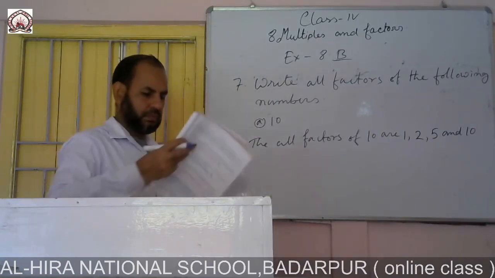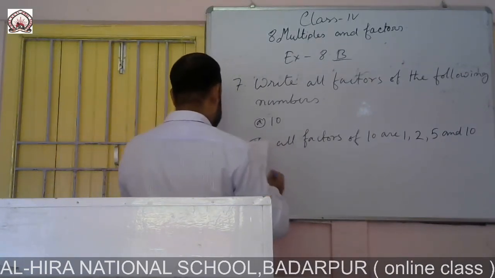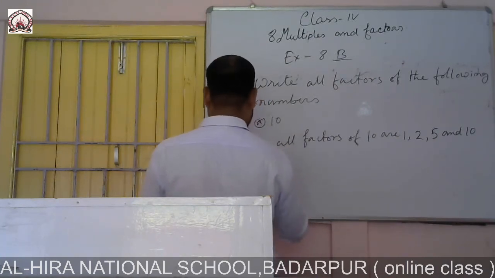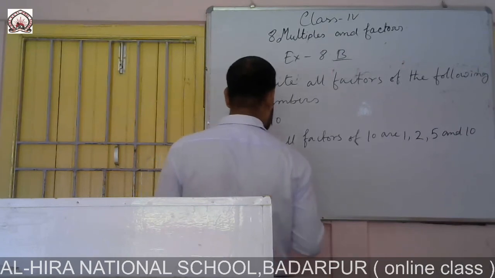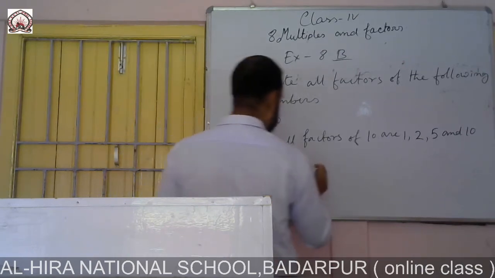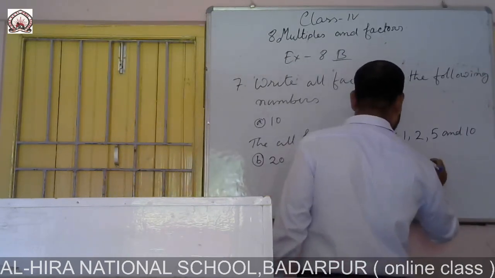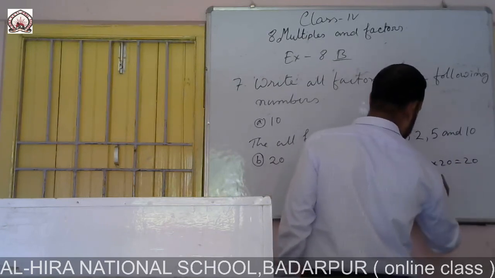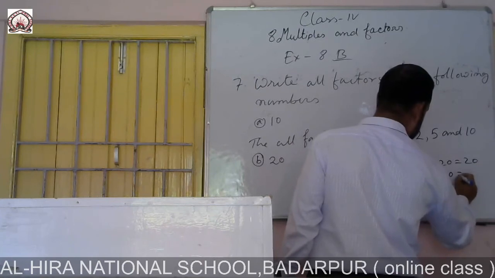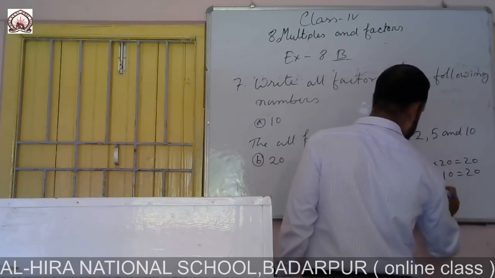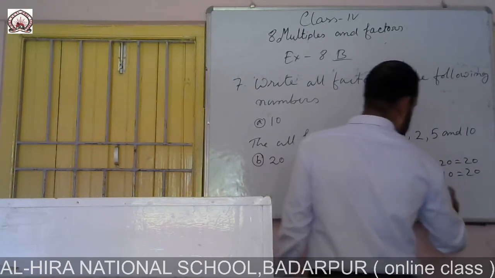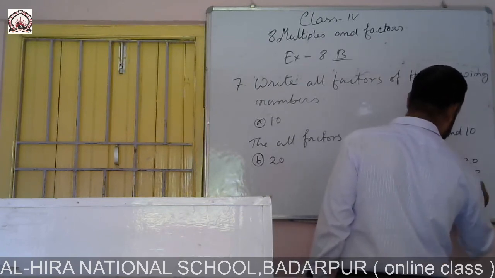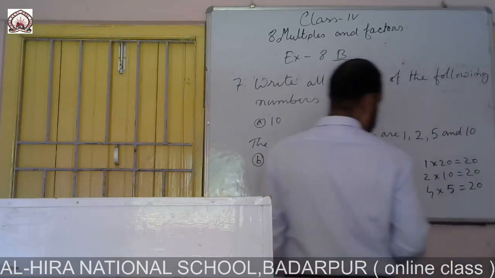Question number B, 20. We take out all factors of 20 the same way. 1 into 20, 20. 2 into 10 equal to 20. 3 cannot, 4 into 5 equal to 20, 6, 7 cannot.